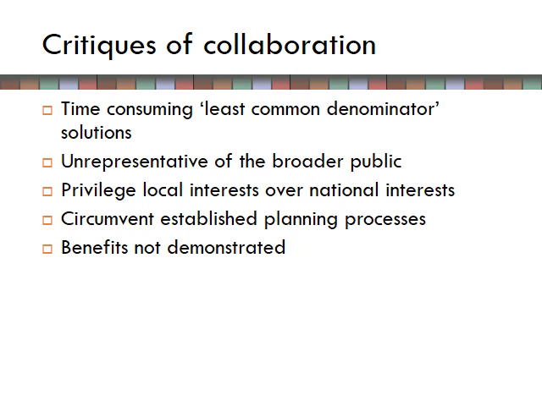So for example, somebody from North Carolina may really feel a strong tie for a landscape in Colorado, but are they going to fly out here to participate in collaborative meetings that might occur very regularly and over the course of years? That's probably unlikely. For this reason, collaborative efforts are also critiqued as privileging local interests over national interests.